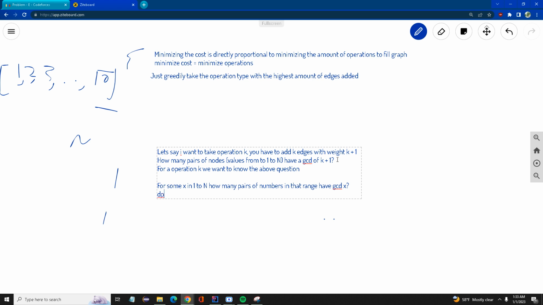Basically, you can use the principle of inclusion-exclusion, right? So define dp of x as the answer to the question, and we can initialize dp of x to this.